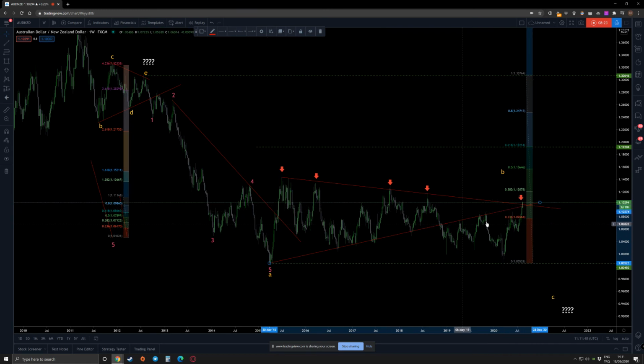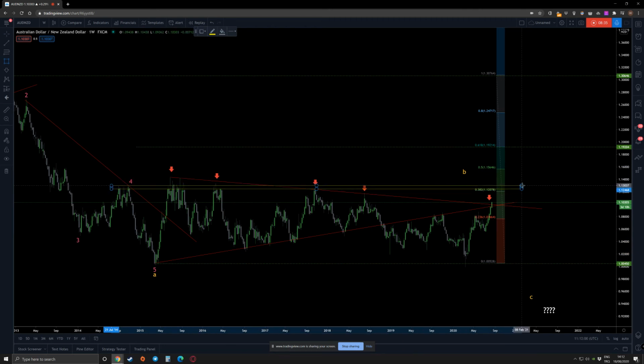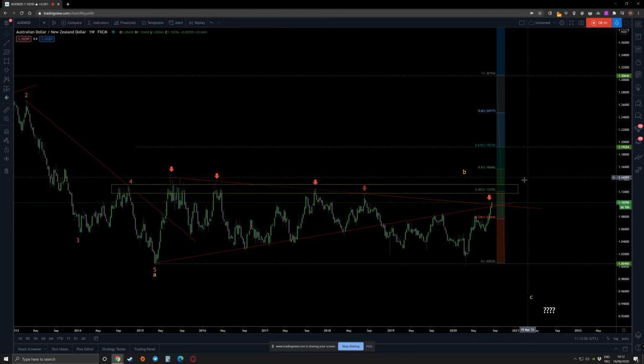Also, we are a little bit far away from 382, which is the zone that the market rejected many times. Okay, this zone. So what I want to add is the RSI indicator to our point of view as well.